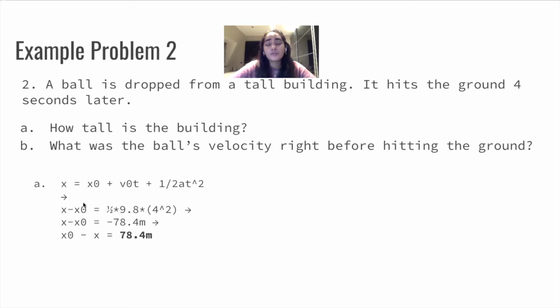Because we're solving for the change in x, which would be the height of the building, we don't necessarily need to know what the x positions are, even though you can assume that it hits 0 as the final x position. Here we can use 9.8 as the acceleration, or negative 9.8, depending on your reference frame. We have this equation with the 4 seconds from the problem, and we get 78.4 meters.